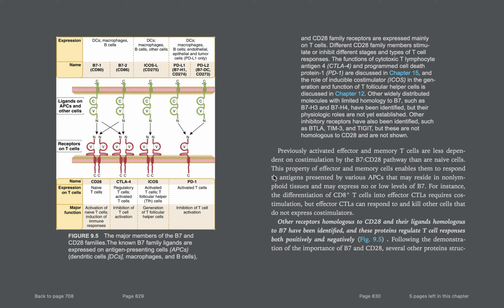Other widely distributed molecules homologous to B7, such as B7-H3 and B7-H4, have been identified, but their physiological roles are not yet established. Other inhibitory receptors have also been identified, such as BTLA, TIM3, and TIGIT, but these are not homologous to CD28 and are not shown.